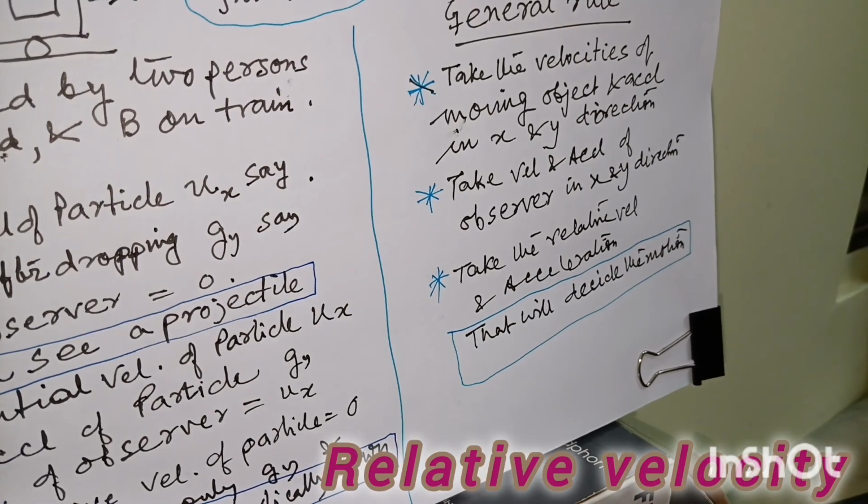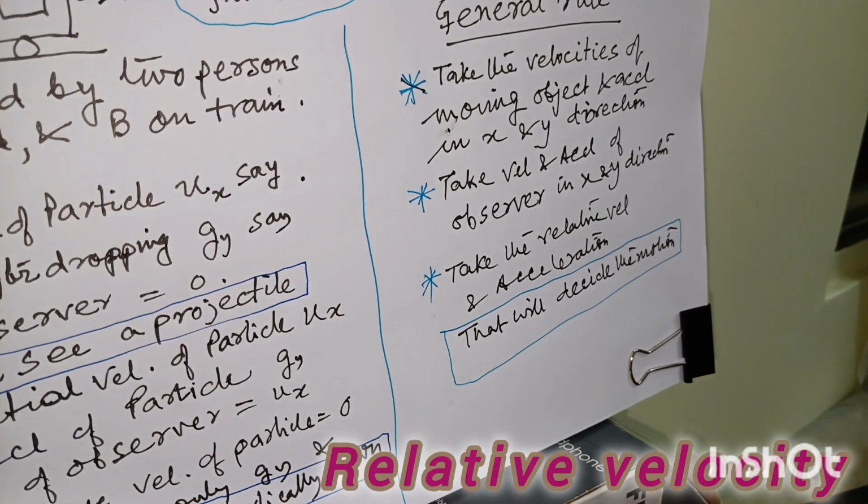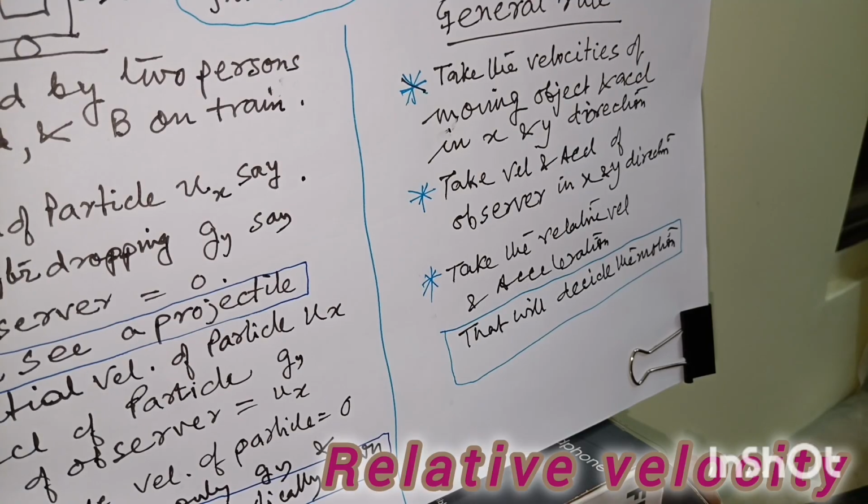Again take the velocity and acceleration of the observer, if there is any, and resolve them in x and y directions. Now take the relative velocity of the object with respect to the observer by deducting these two, and the relative acceleration we also find by deducting these two.